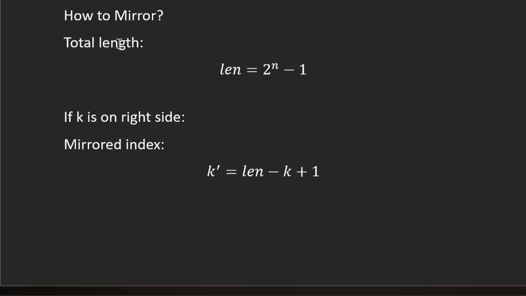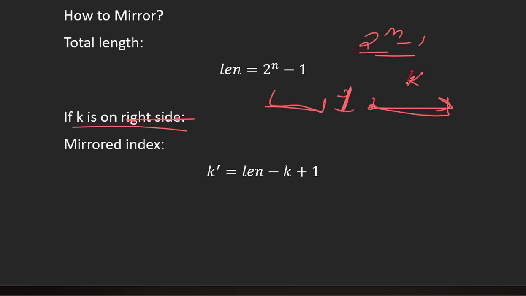As we know, our total length is 2 to the power n minus 1. And if k is on the right side, this is the middle element 1, and this is the left side. So if k is on the right side, it is also a mirror image of the previous string, right?